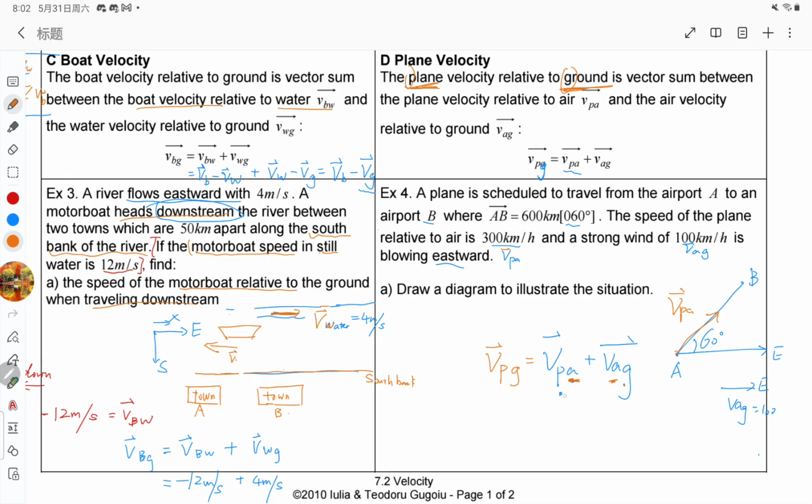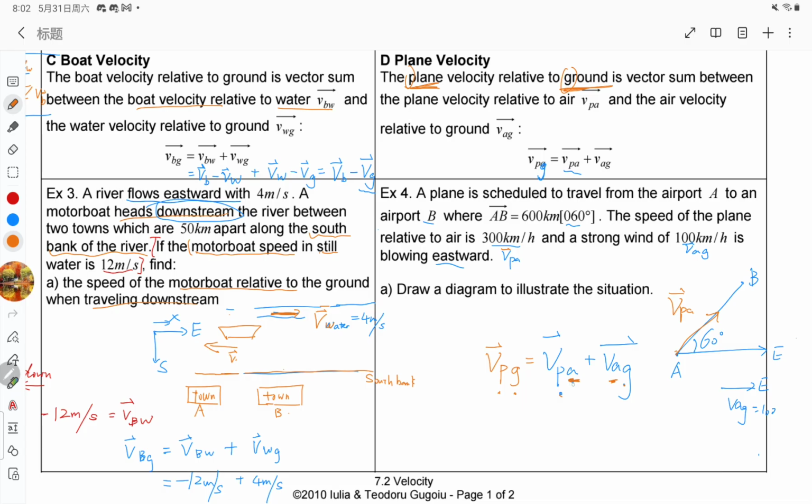So this is like our object. We study the velocity of the plane relative to the ground, but at the same time it has an intermediate object, right?